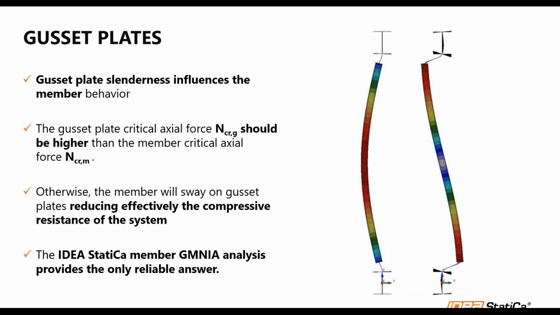Another thing that's important when we discuss gusset plates is that their slenderness influences the behavior of the connected member. So if the critical axial force of the gusset plate is lower than the critical axial force of the member, then we might have a compressive system that sways on gussets.